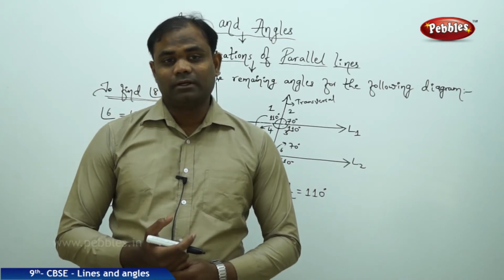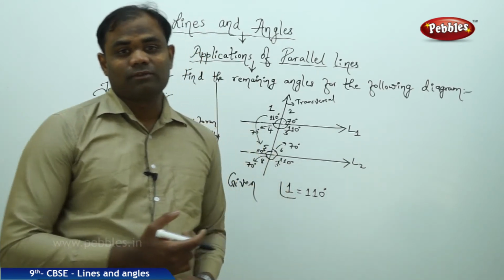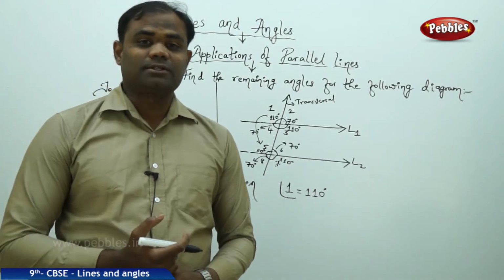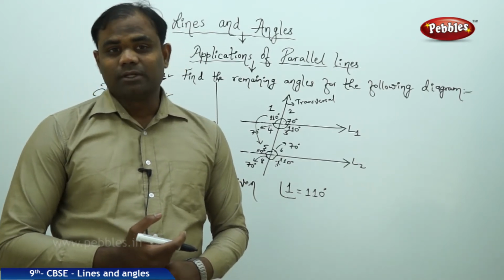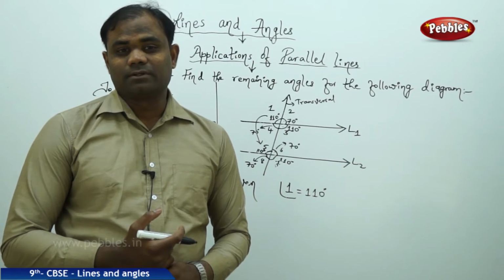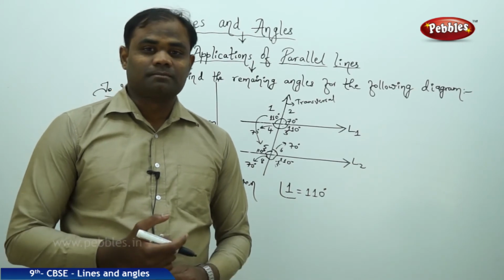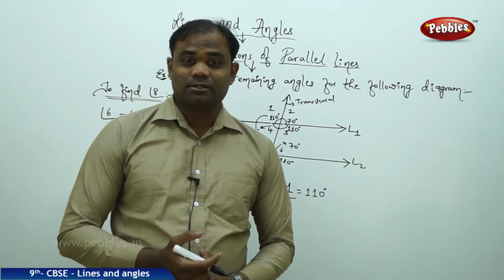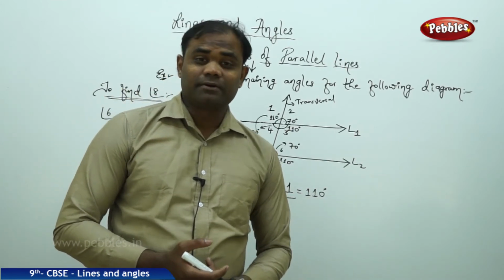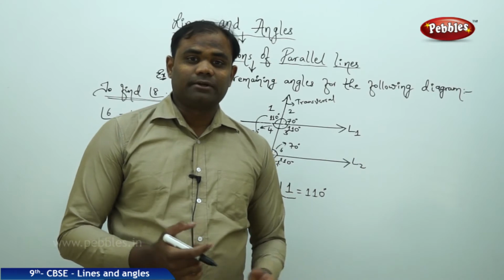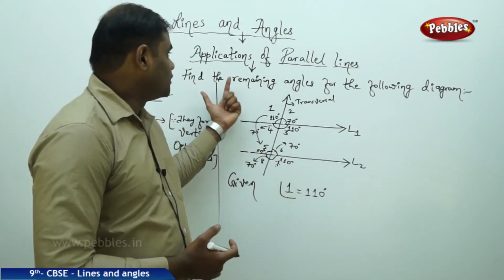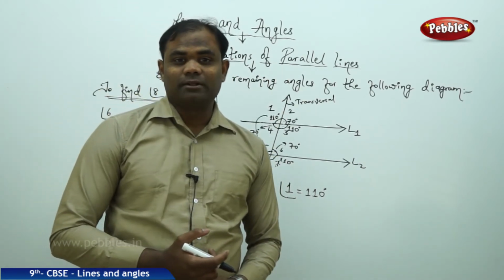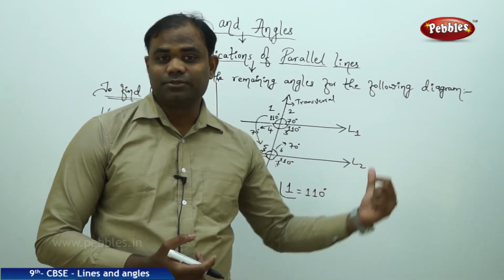This is how we can find the remaining angles of the parallel lines connected with the transversal, strictly using the properties we have learnt in the previous sessions, connecting with corresponding angles, vertically opposite angles, alternate angles, interior angles, and exterior angles.